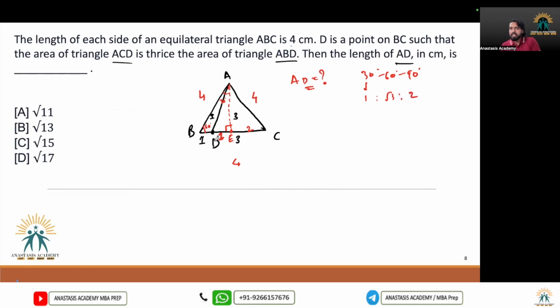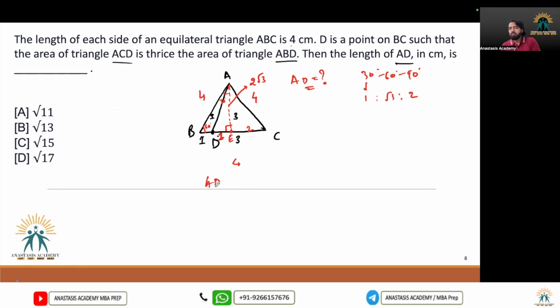Side opposite to 30 degree is having a length of 2, so side opposite to 60 degree, which is AE, will have a length of 2√3. This is 2√3. Base DE is 1.